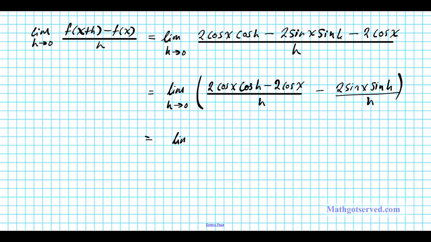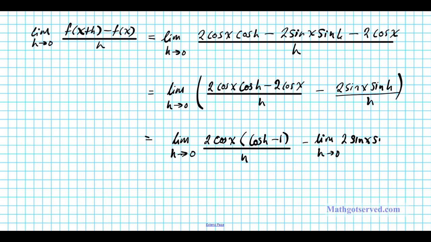So we're going to have the limit as h approaches 0, and in the numerator I can factor out 2 cosine x: the limit as h approaches 0 of 2 cosine x times (cosine h minus 1), divided by h, minus the limit as h approaches 0 of 2 sine x sine h over h.